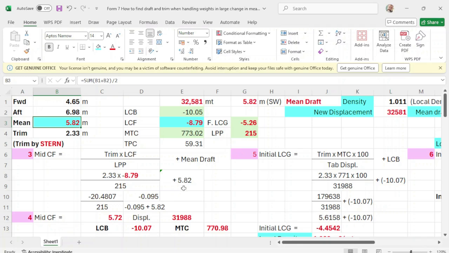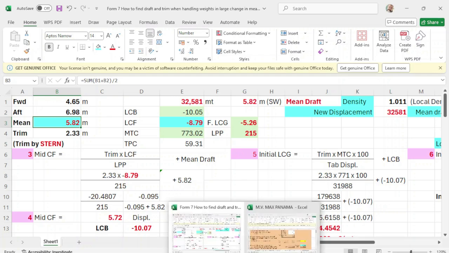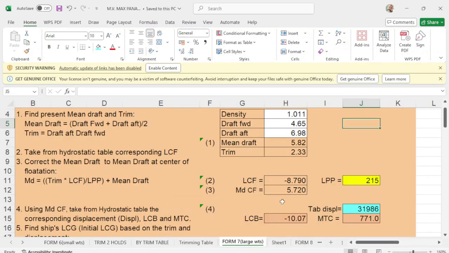See, from mean draft of 5.82, the corrected mean draft is now 5.72.